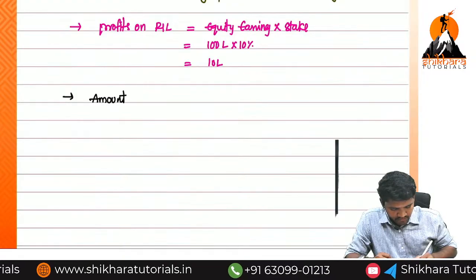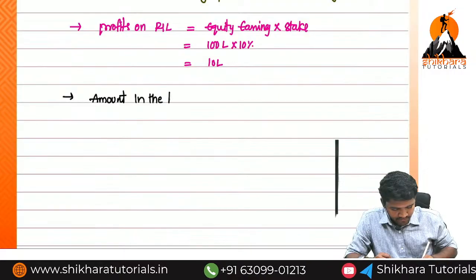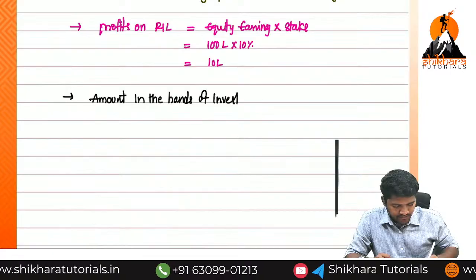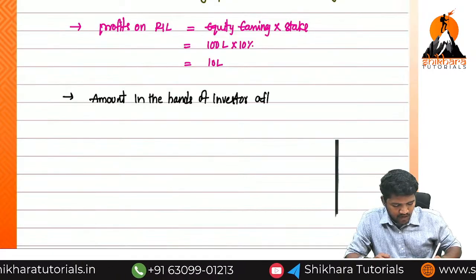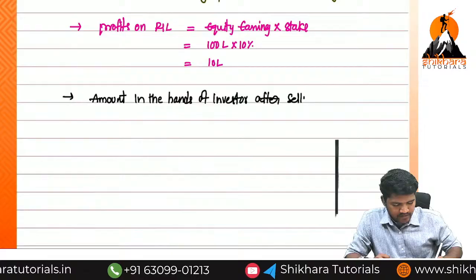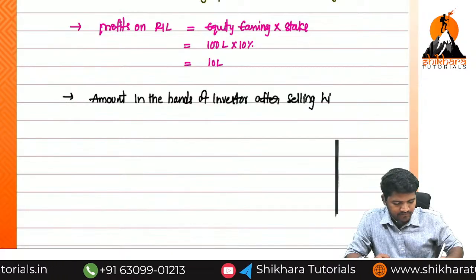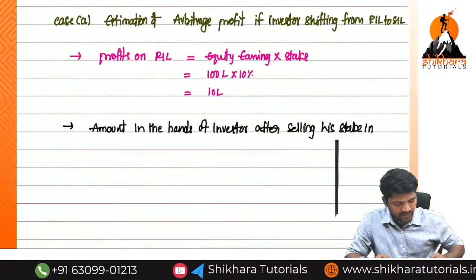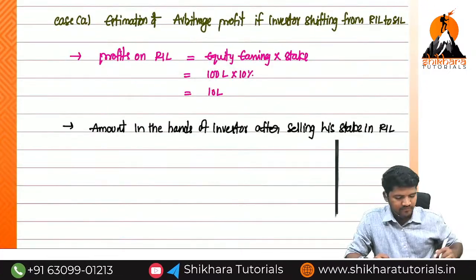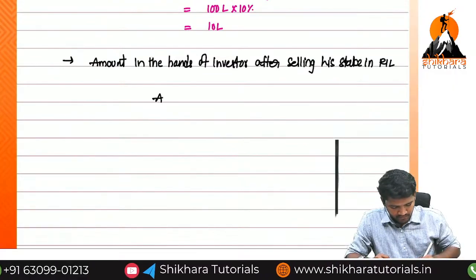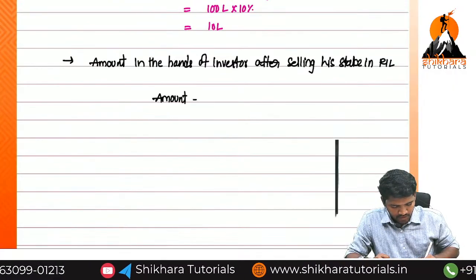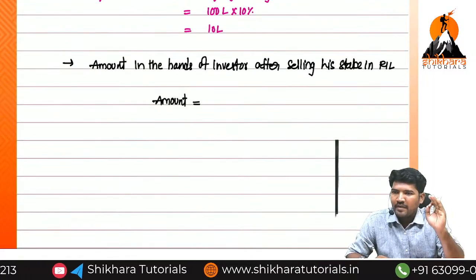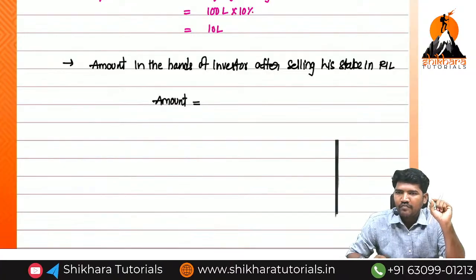Next: amount in the hands of the investor after selling his stake in Real. Amount equals to... where did we sell, the entire firm value, or only the market value of equity, or the market value of equity share capital?